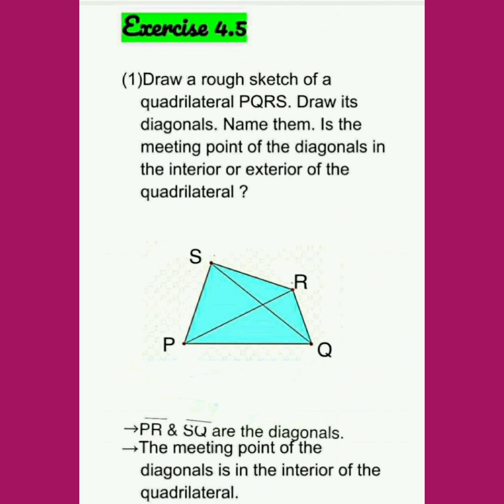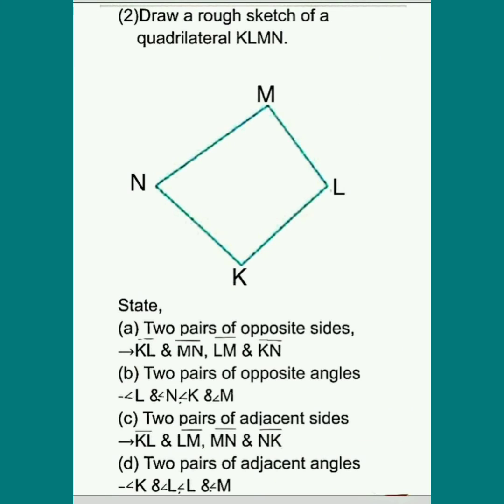Now moving on to question number 2. Draw a rough sketch of a quadrilateral KLMN. So I have drawn the quadrilateral. Now we will answer the questions. Now you have to state two pairs of opposite sides. Now opposite sides means they don't have a common vertex, that is KL and MN.